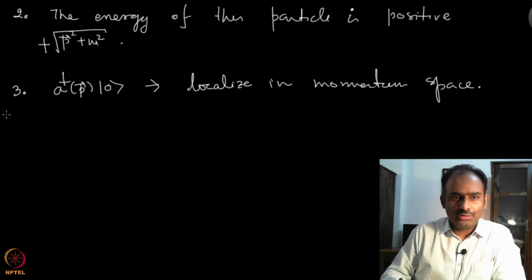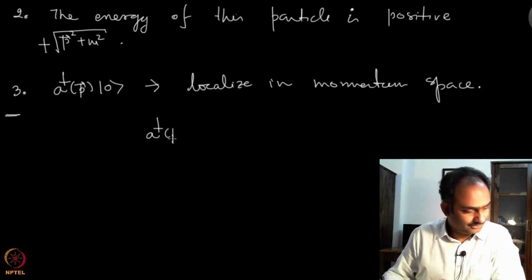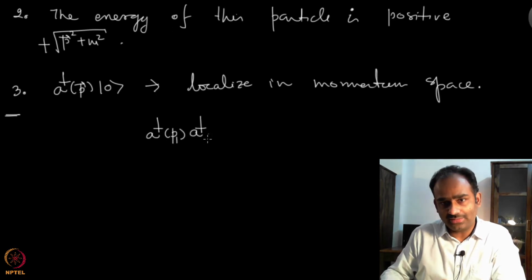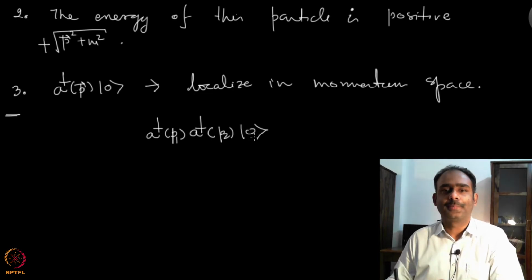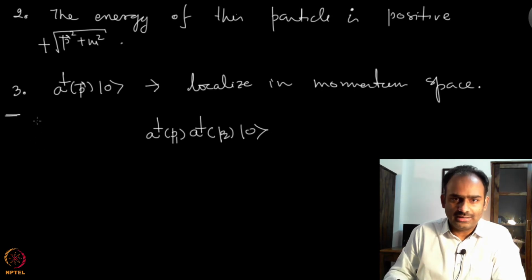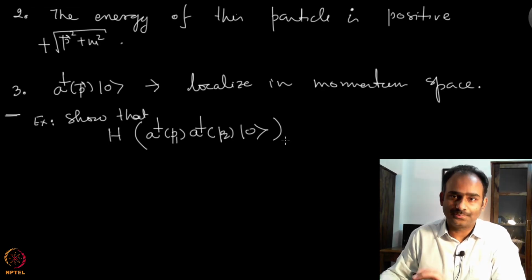Now, what do I get if I take a dagger p1 and one more factor of a dagger p2 and then act on the ket 0? Okay, that is something which we can ask, and I leave it as an exercise to do. Check that, show that this state is an eigenstate of the Hamiltonian.